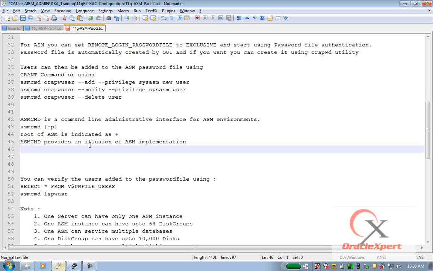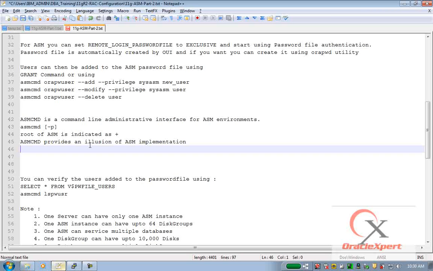Disk groups are never formatted; block devices in case of Linux, or raw devices in case of any other Unix, are grouped together inside a disk group where the metadata is purely managed by ASM. So there is no question of something called directories, subdirectories, root, files within those subdirectories.